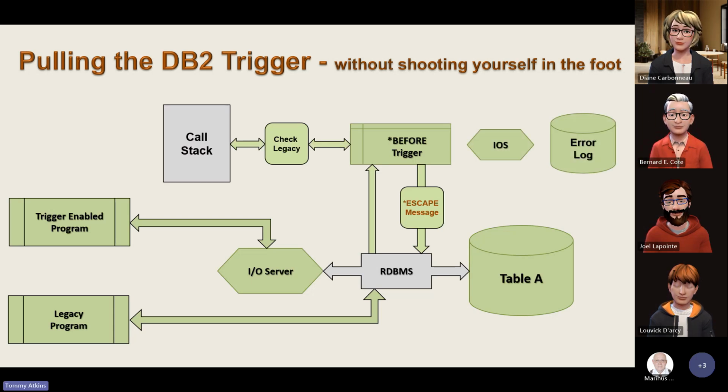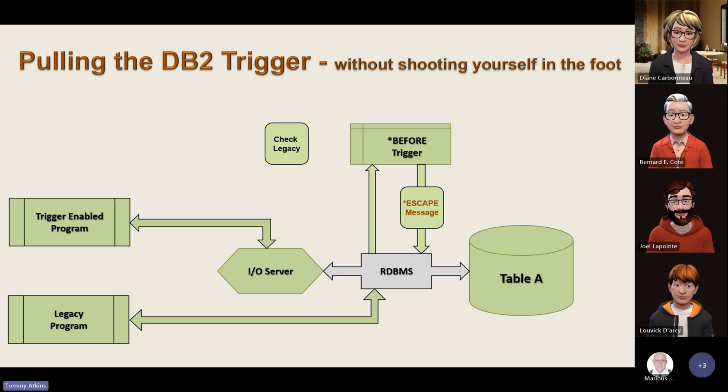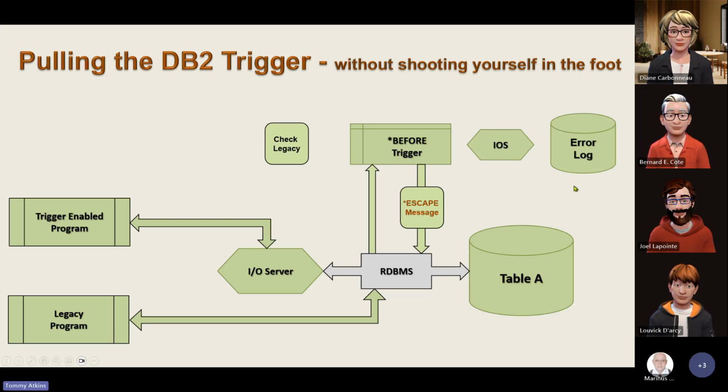Right, what will happen? Sorry, let me get back here before I go. What we'll do is we need this routine to check the legacy, and we're going to add to it a log file, because the purpose behind this is if we're dealing with a legacy program where we can't process the error messages, we want to log any error messages that occur so you have a record of them.